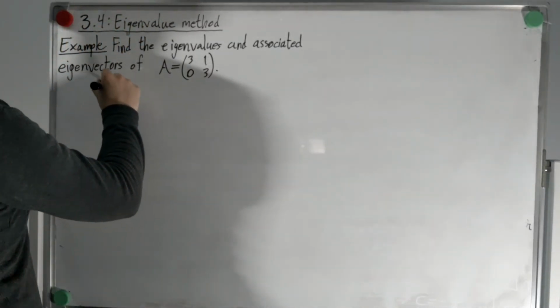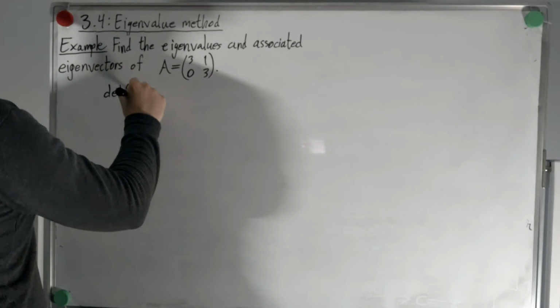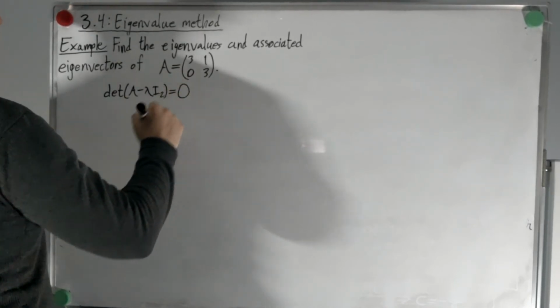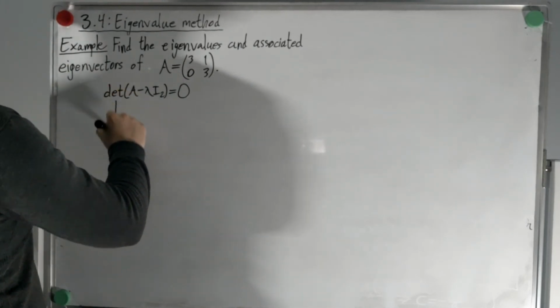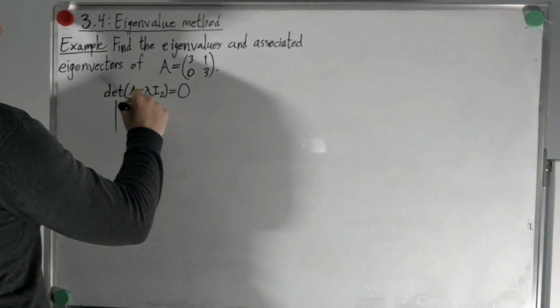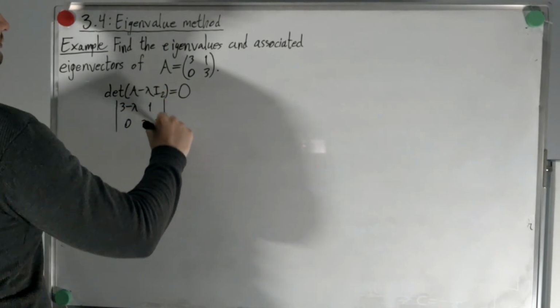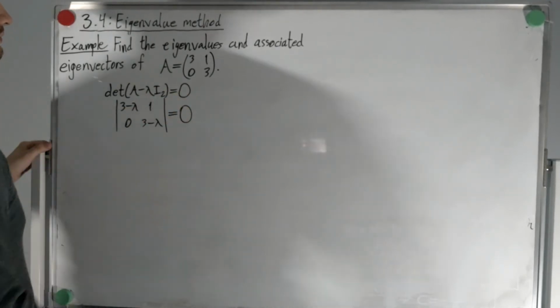So we need the determinant of A minus lambda I2 equal to 0. So that would be the matrix 3 minus lambda, 1, 0, 3 minus lambda. This needs to be 0.